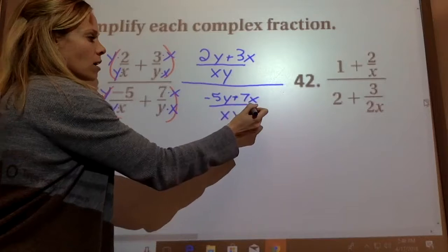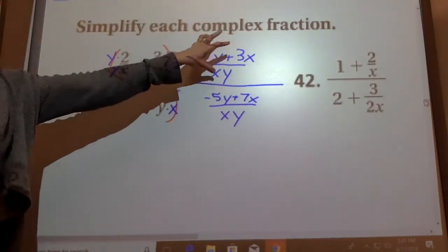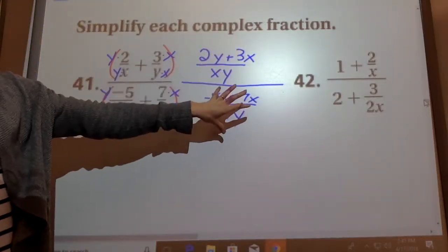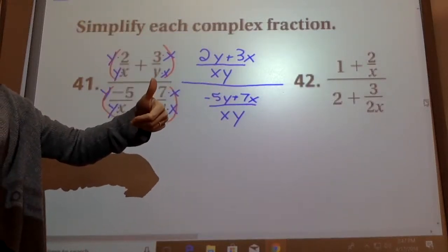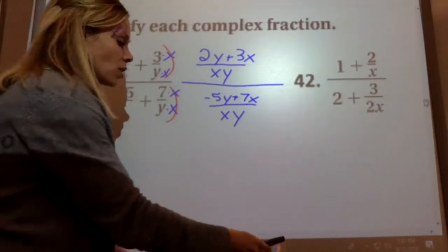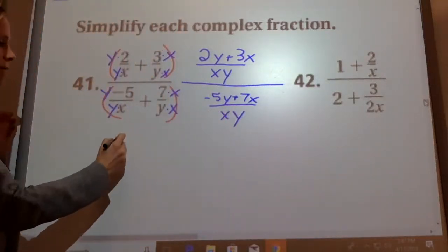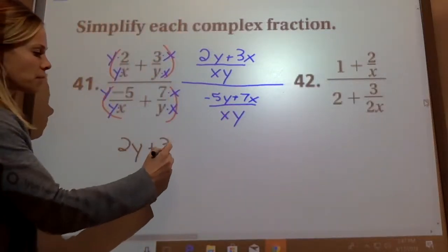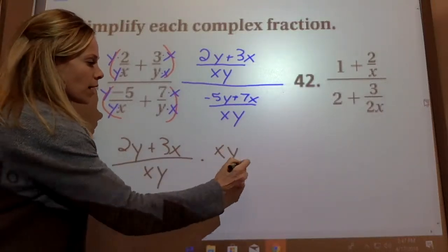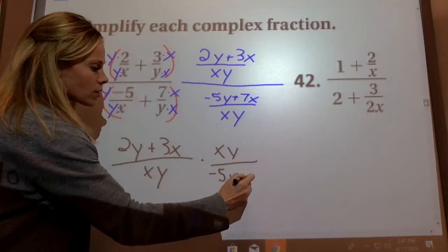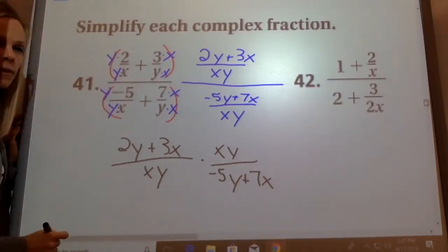So now that the numerator is 1 fraction and the denominator is 1 fraction, I can turn it into multiplication by flipping and multiplying. You have to flip the bottom one. You cannot flip the top one. It's the bottom one that gets flipped. And when you write that out, you should notice something's going to cross off.